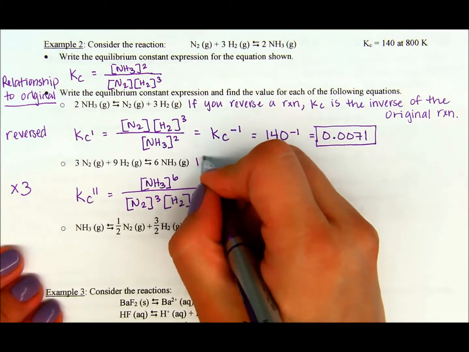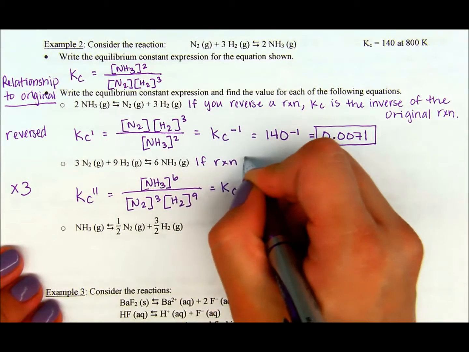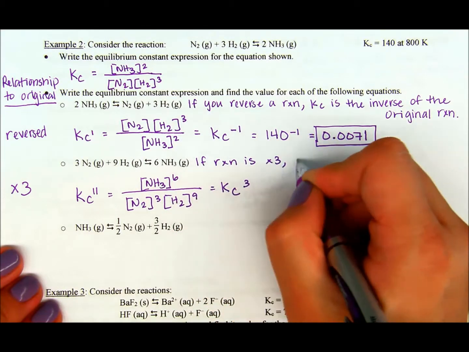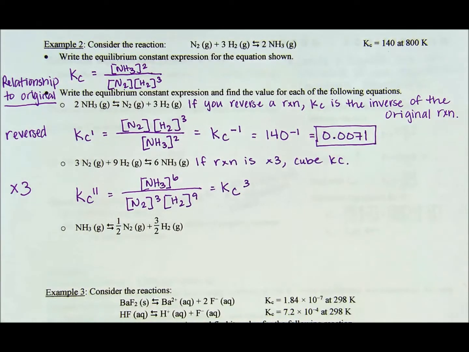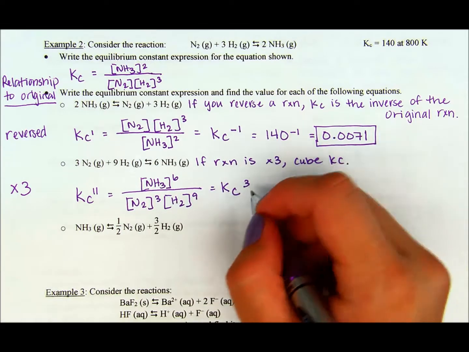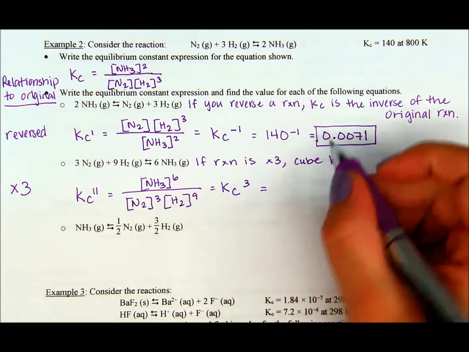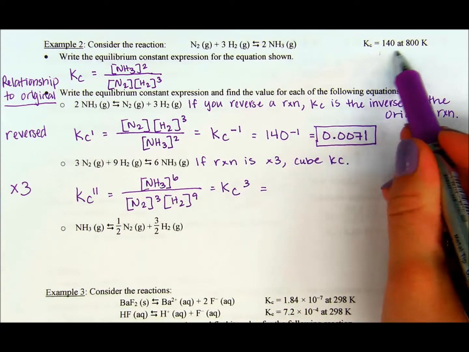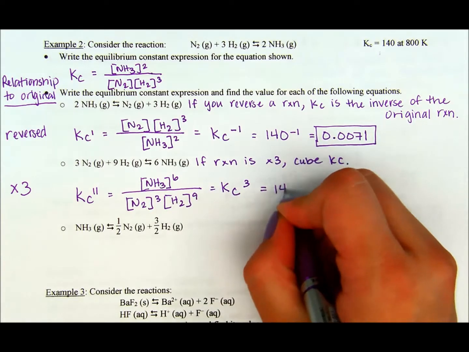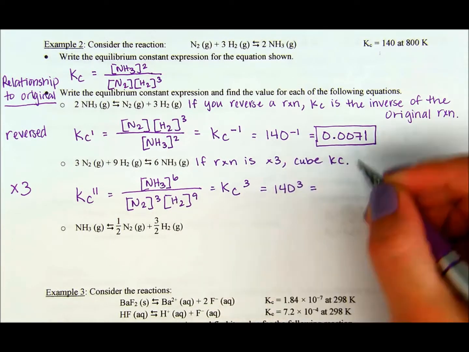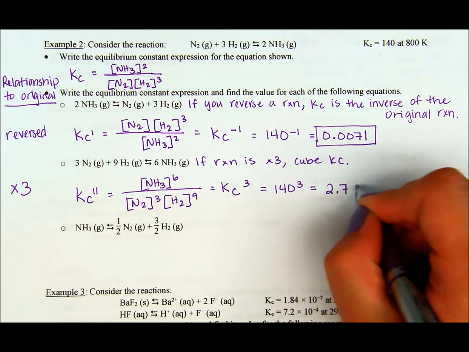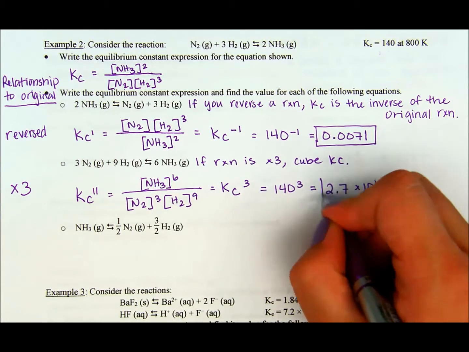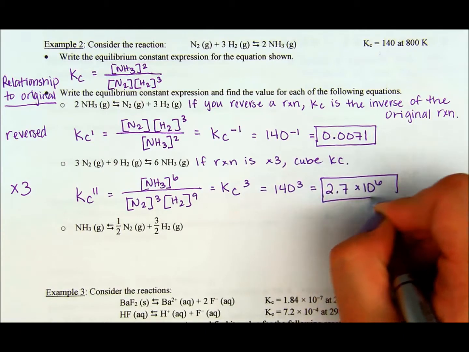So if the reaction is times 3, you cube Kc. If the reaction is times 2, you would square Kc. Our original Kc given here is 140. 140 cubed, plug that in, and you get 2.7 times 10 to the 6th. That's your new Kc.